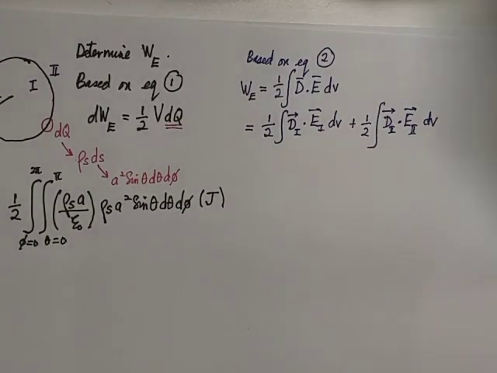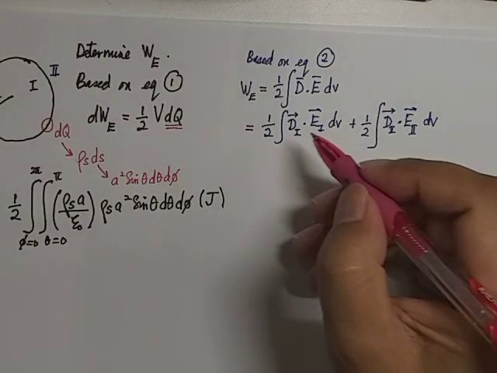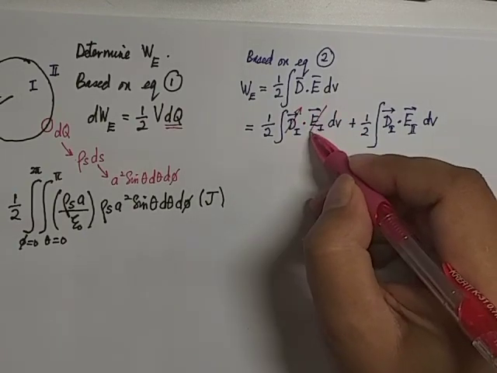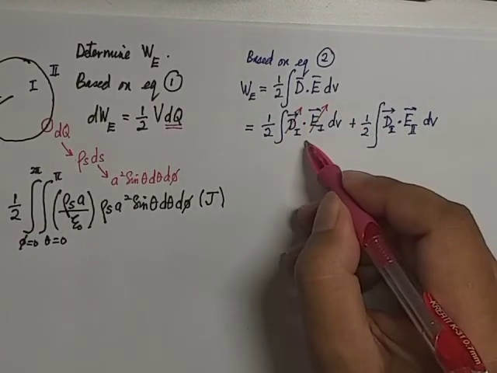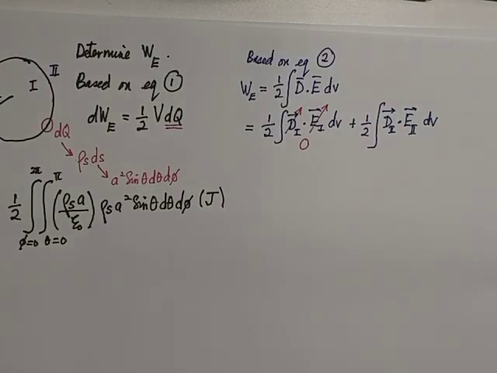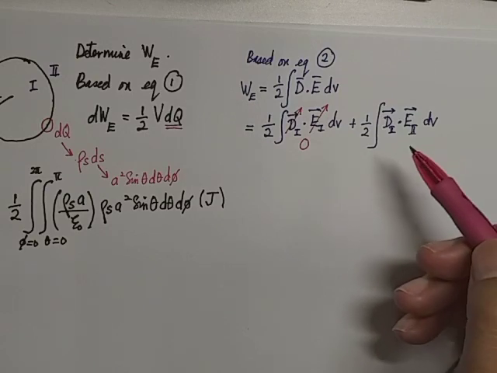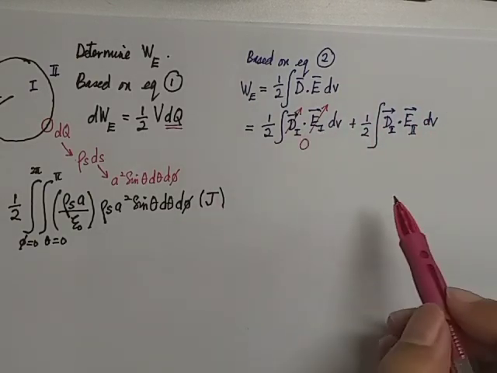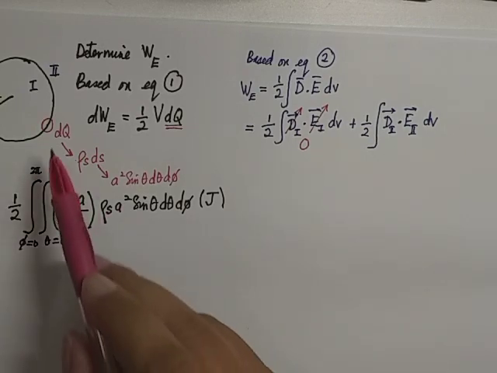And from our solution, we know that in region number 1, the D is equal to 0, and as well the E is equal to 0, so therefore the term of region number 1 contains no energy. Because why? There's no electric field. But there are fields in region number 2, therefore the solution will not be equal to 0 because there's still field in region number 2.